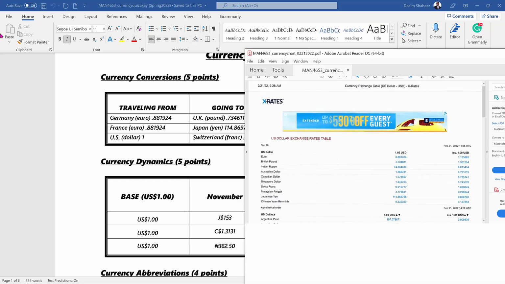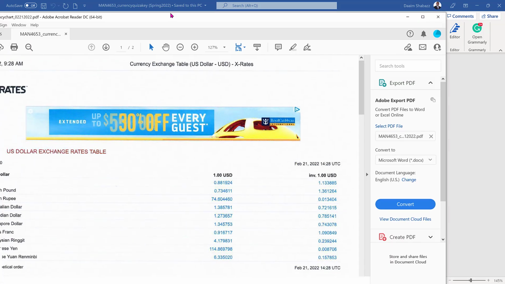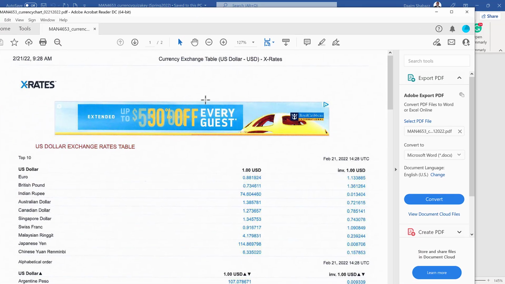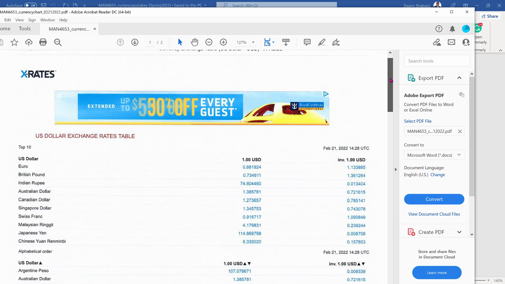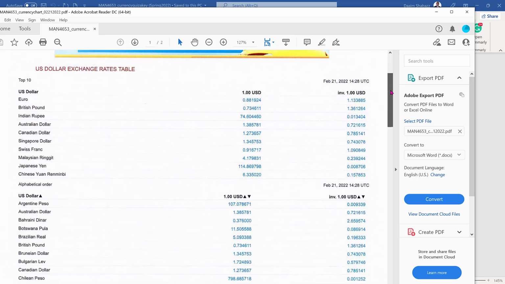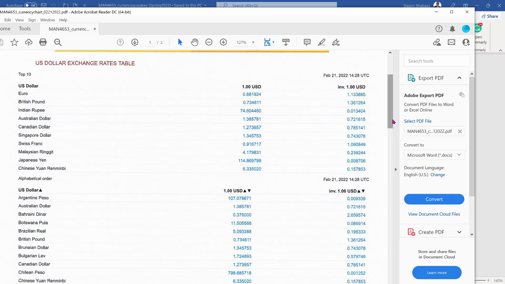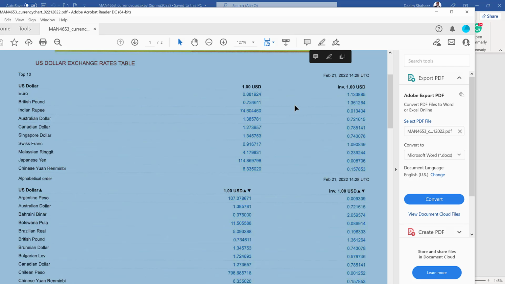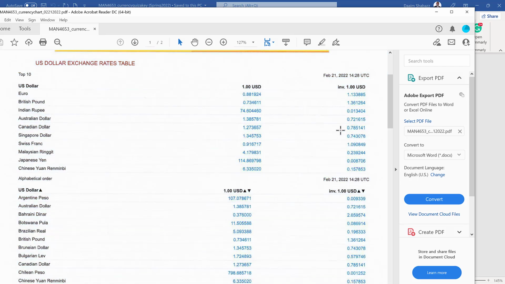So I gave you a chart. This chart here you had to use in order to come up with the common denominator. On this chart, the common denominator is the US dollar. This is a dollar denominated chart. Now on the X-Rates site, you can have other currencies as the base in terms of the table.